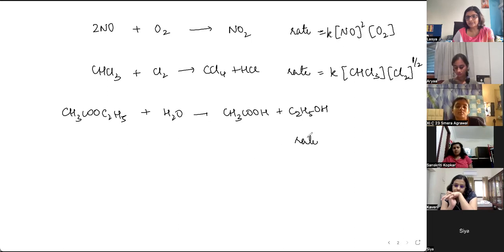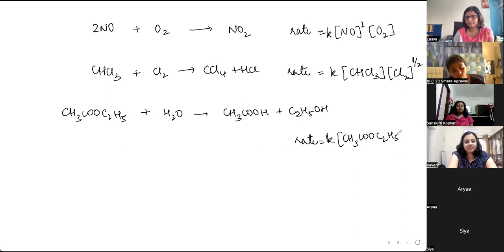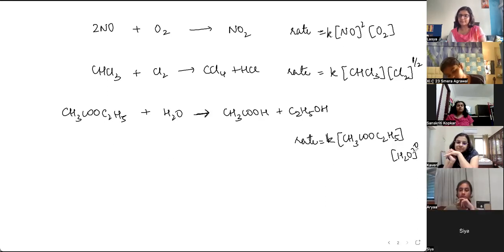Its rate law depends only on the concentration of the ester, not on how much water you have, so H2O raised to the power 0. As long as water is the medium, the rate of the reaction is not affected. It's independent of the quantity, the concentration of water.